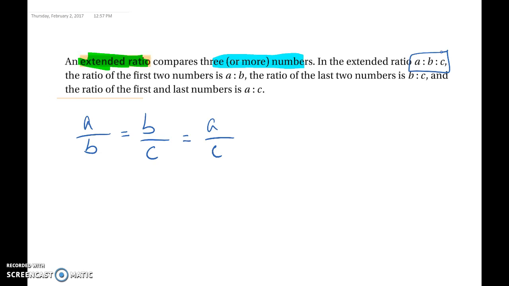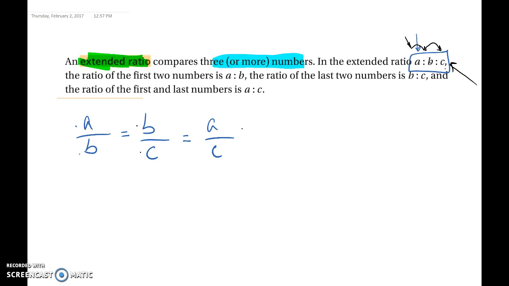Remember, I put A in the numerator and B in the denominator because we're doing A to B. I put B in the numerator because it's B to C. And I put A in the numerator because since A is to B as B is to C, that means A would go to C. So they're all written in that order specifically because of the way that they're written here.